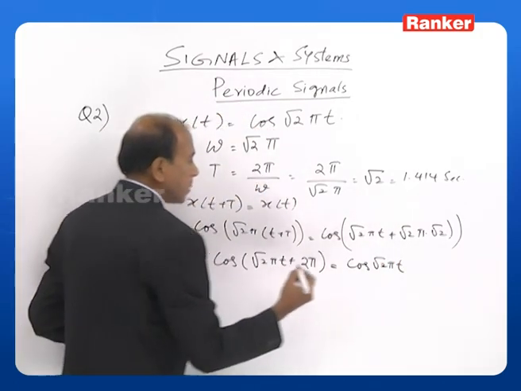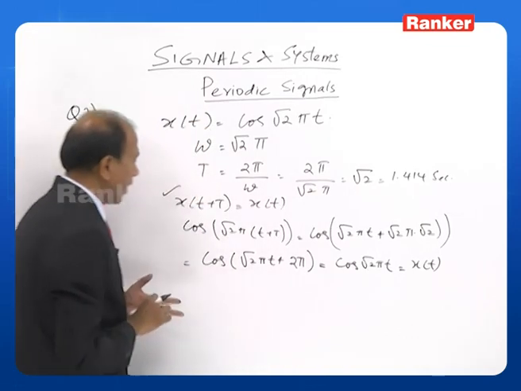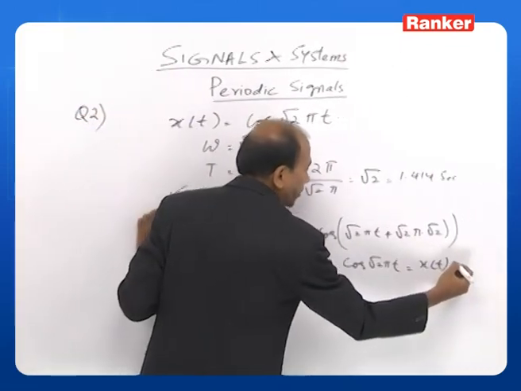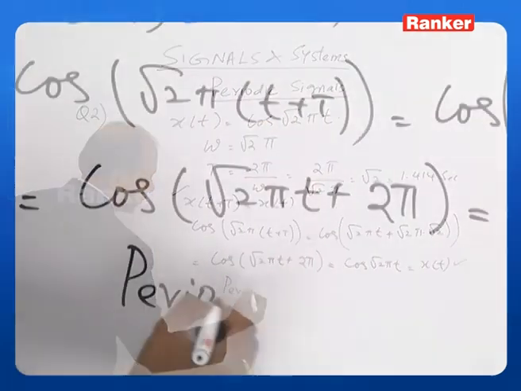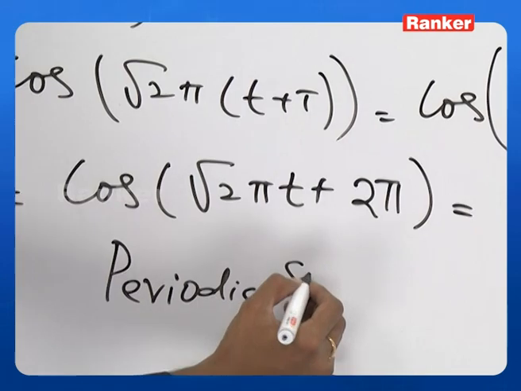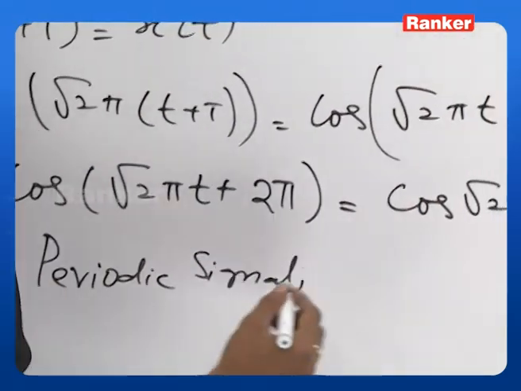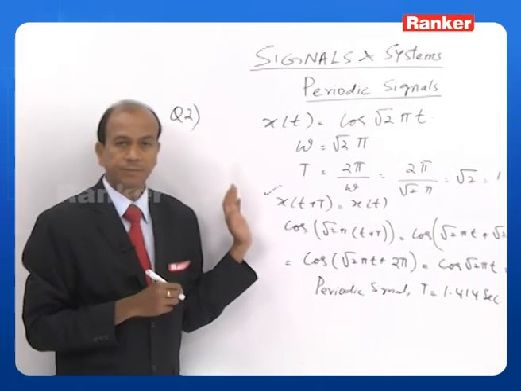As you are aware, this is nothing but our x of t. So, x of t plus T is equal to x of t. So, this is a periodic signal. What is the time period? Time period we have calculated, where T is equal to 1.414 seconds. So, this is the second problem.